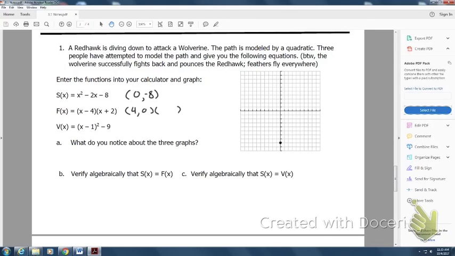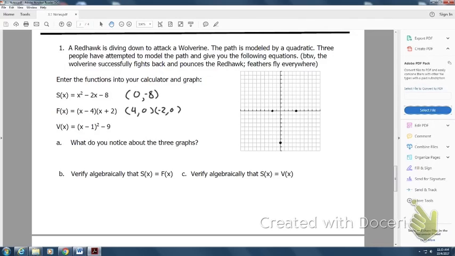Molly, what's the other one? Negative 2, 0. Come over here and graph those. Know that your intercepts are always going to be symmetric to one another. If you have your two roots, you can find your axis of symmetry if you need to.